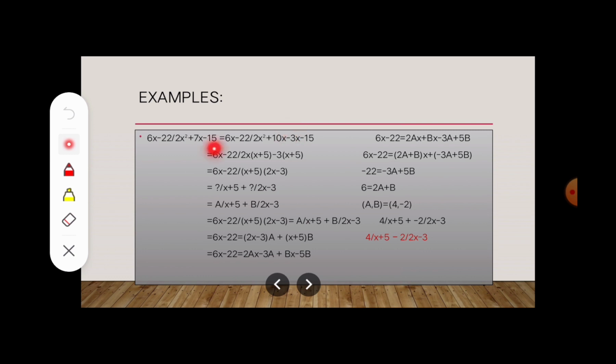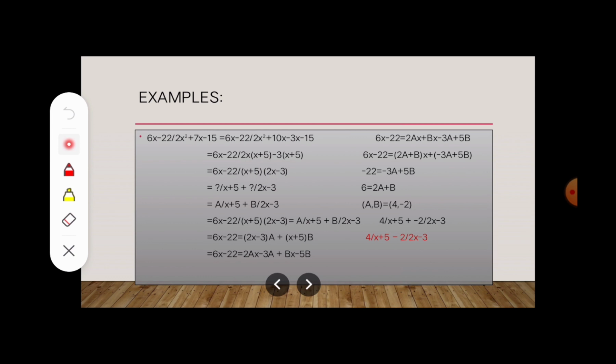So we have 6x minus 22 all over 2x times x plus 5 minus 3 times x plus 5. So factor out x plus 5 from the expression. So we have 6x minus 22 all over x plus 5 times 2x minus 3.